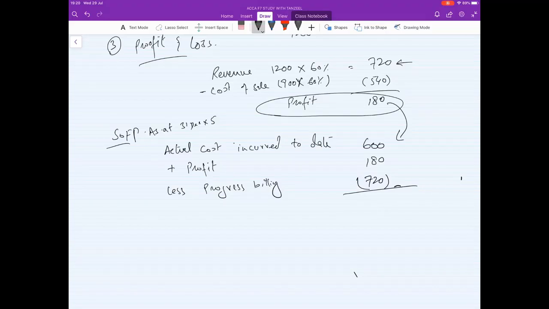So if you take the balance, it is a positive value, which means it is a contract asset.